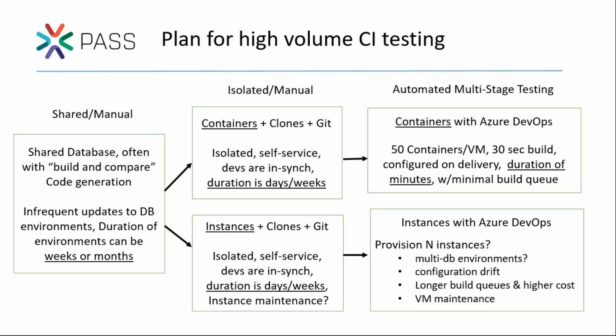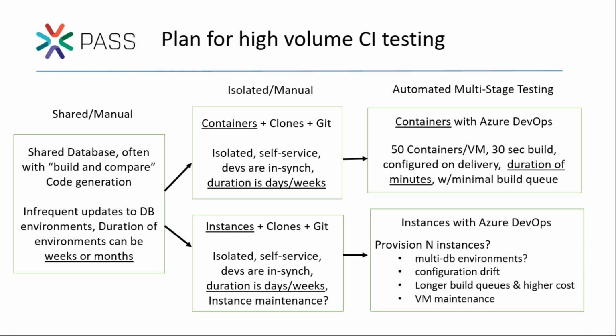Those environments also are configured on delivery, and they're torn down when the work is done. In an automated testing environment, the environments typically have a lifespan of some number of minutes. And this is where working with instances really becomes problematic.